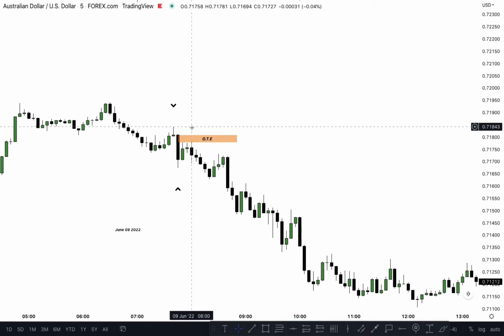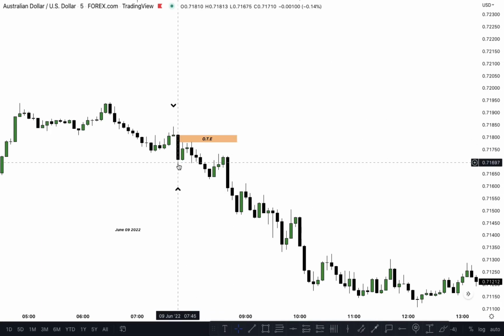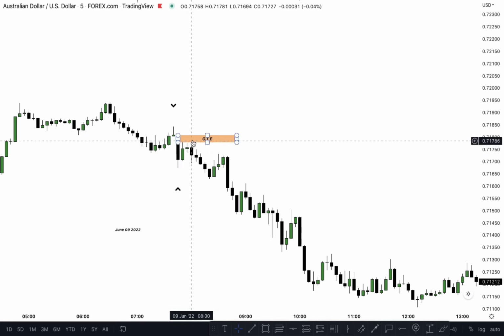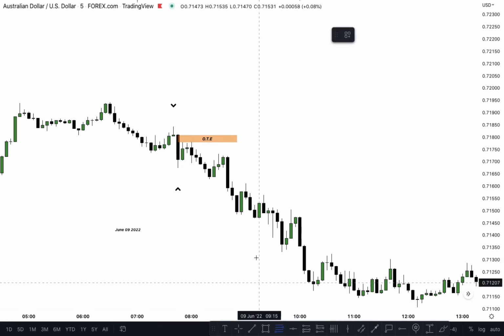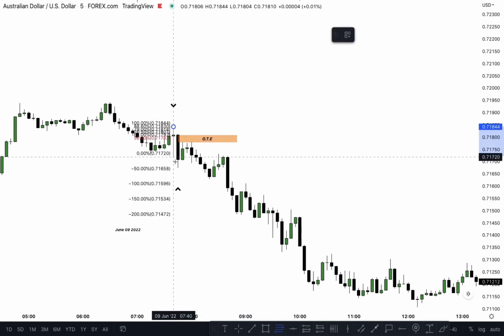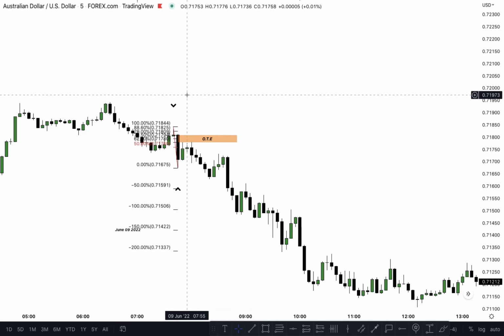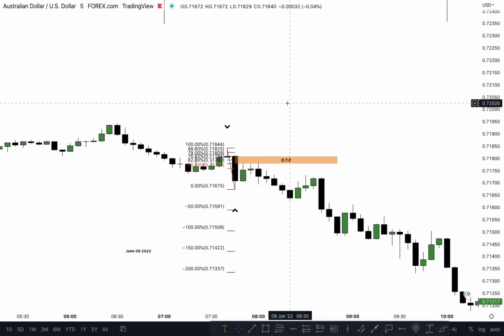You can see here, price created a high here and a low here, creating a large candle to the downside. So we got a nice expansion with a quick retracement up to a continuation pattern lower. So we're going to take our Fibonacci retracement tool, take it from this high down to this low, and we'll zoom in a little bit closer to see what that looks like.